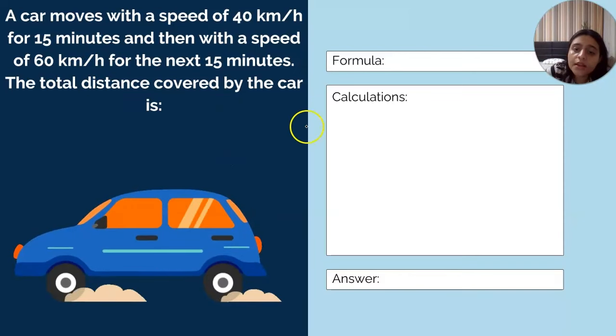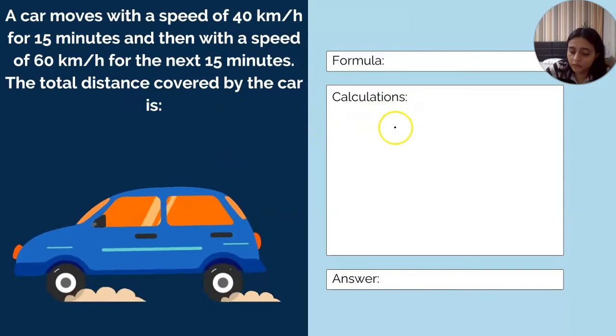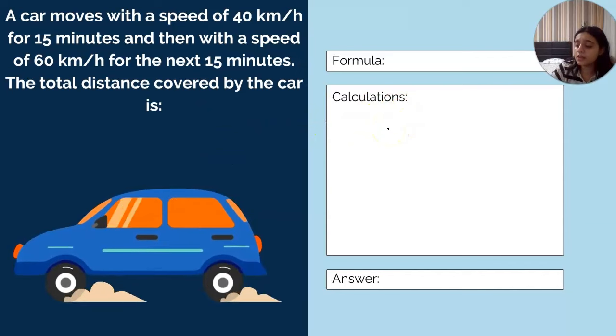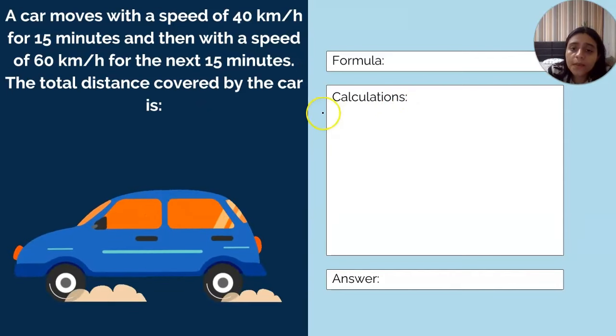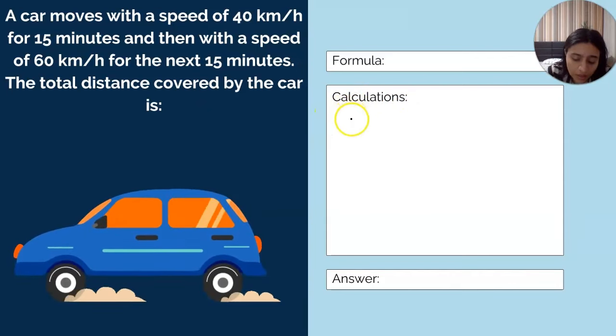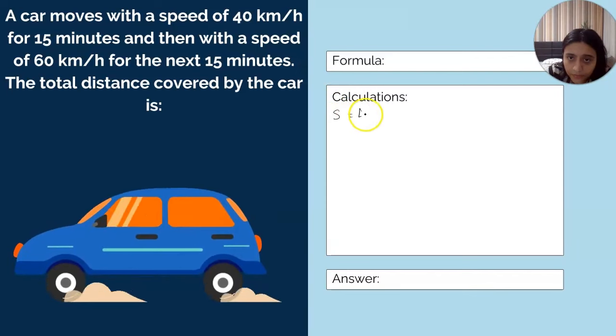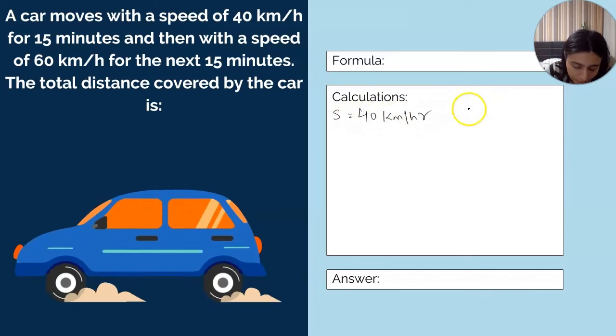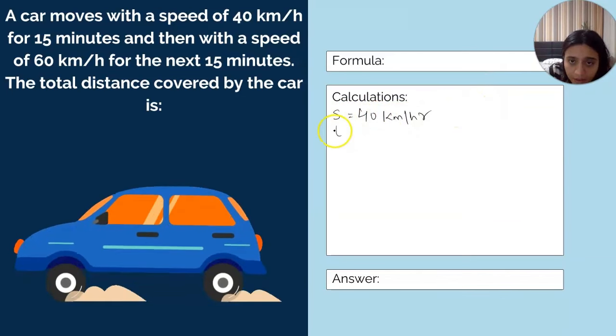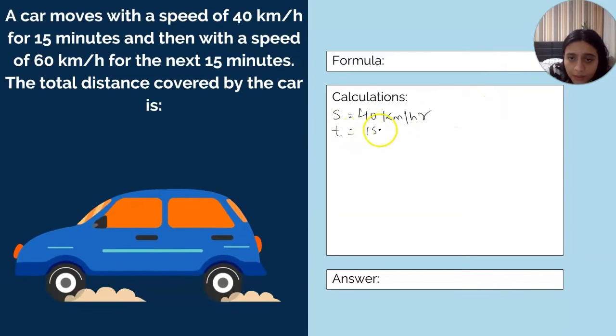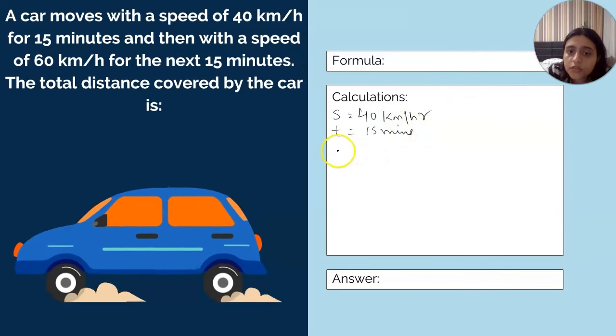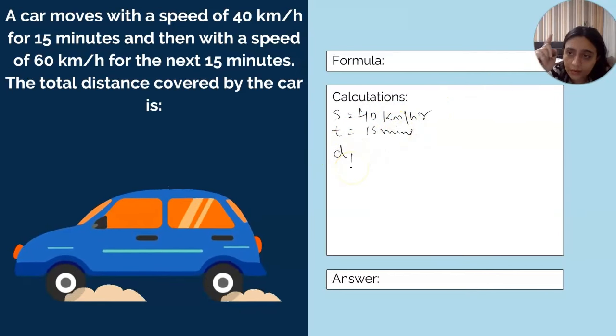First we will write every value which has been given in the question. So we need to mention first, right? Like speed is equal to 40 kilometers per hour is given, right? And time here is given equal to 15 minutes. So first we will calculate the distance 1, right?